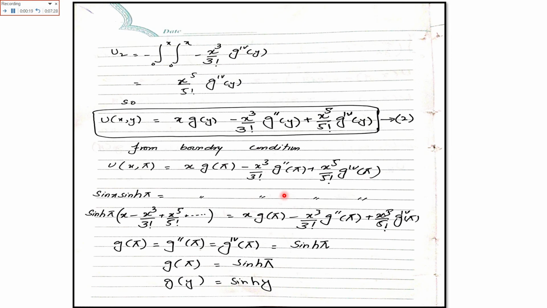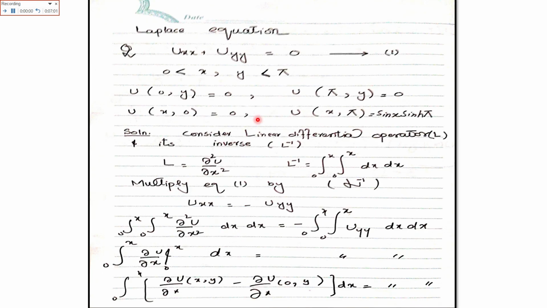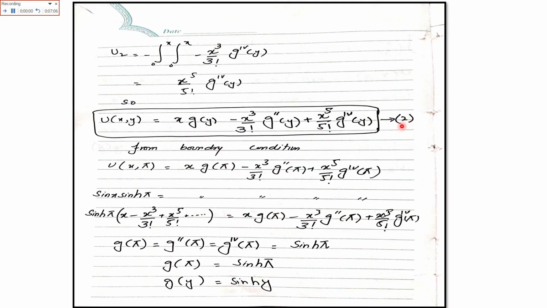Now further, as given in the question, u of x, pi is equal to sine x sine hyperbolic pi. So instead of this we can write sine x sine hyperbolic pi and keep this term as it is. The exponential series of sine x we will expand, so it becomes x minus x cubed over 3 factorial plus x to the 5 over 5 factorial, like these terms.